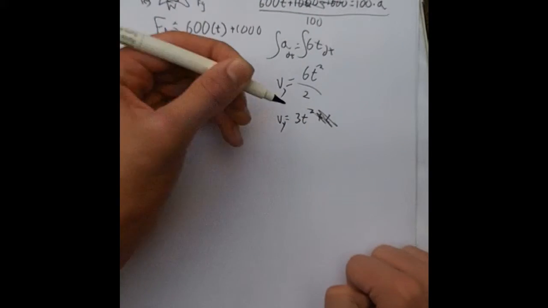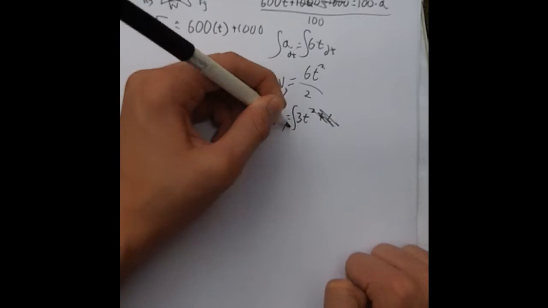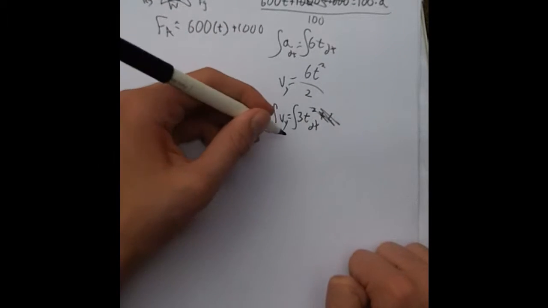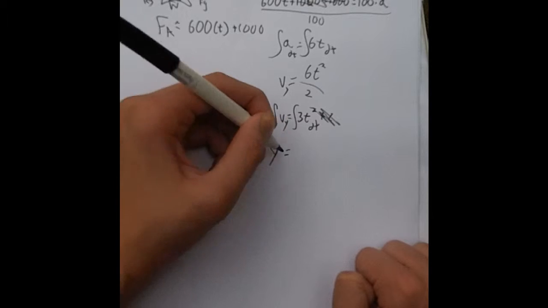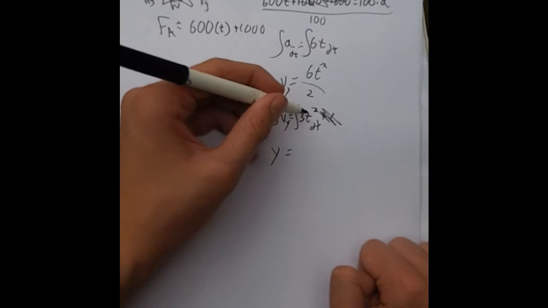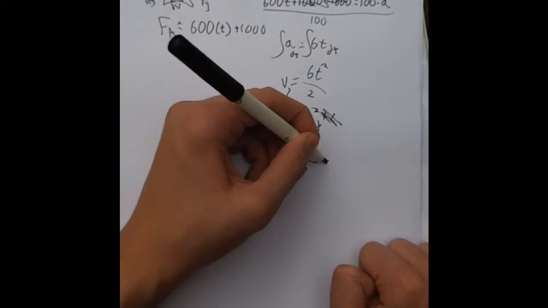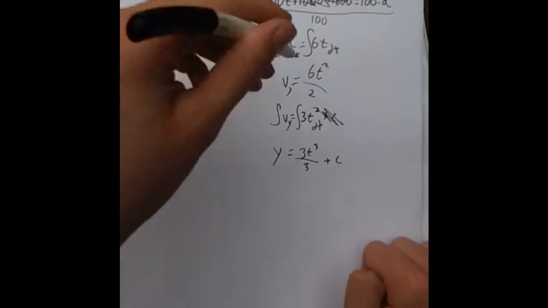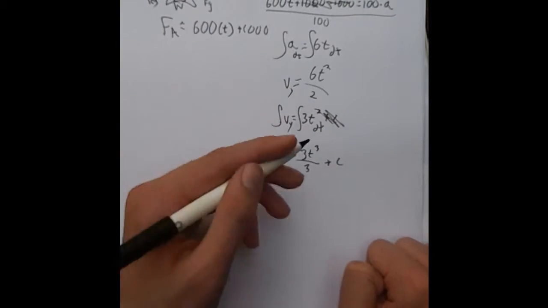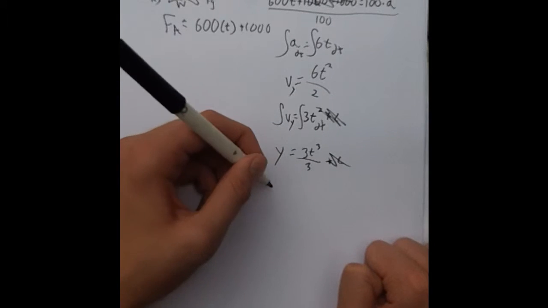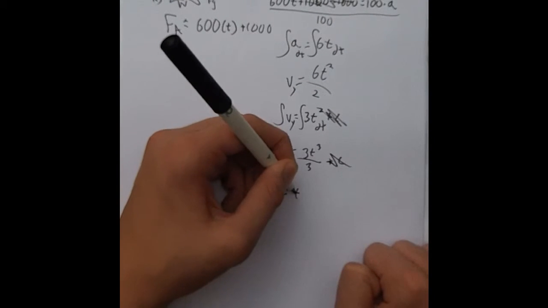So then we're going to integrate it again in terms of time. We'll get our y value is equal to 3t cubed over 3 plus c. And again, because its initial y value is 0, we'll ignore the c. So we have y is equal to t cubed.